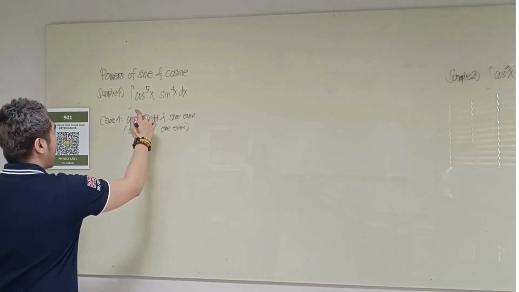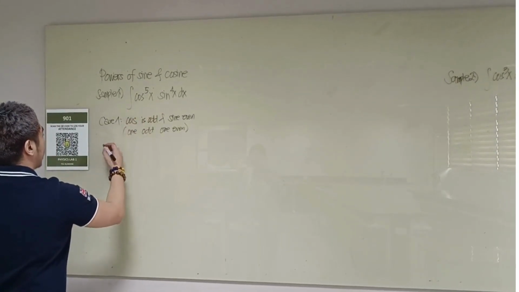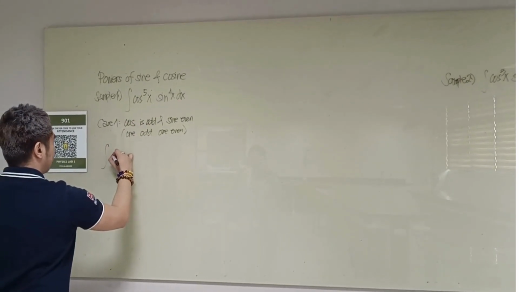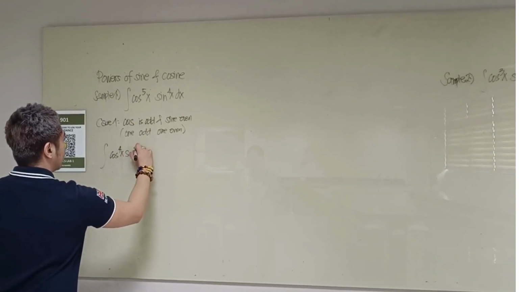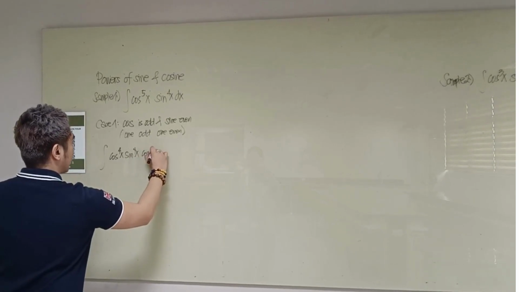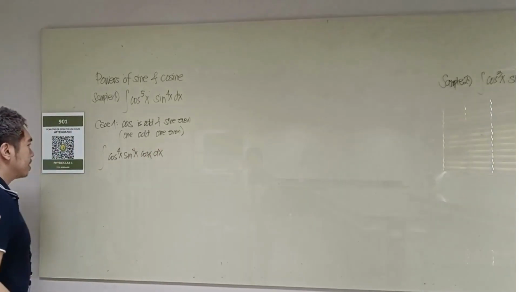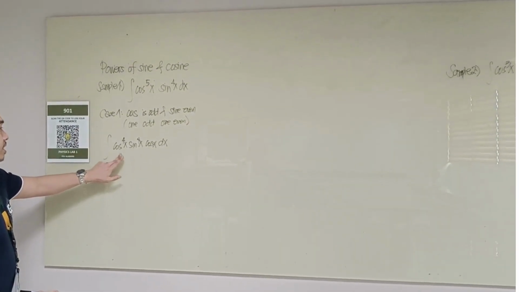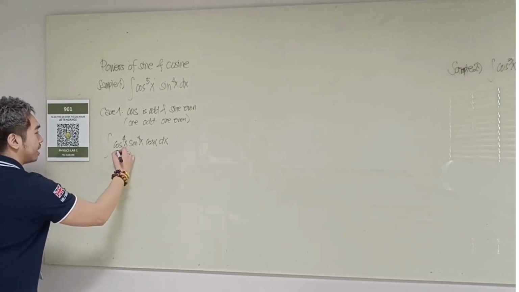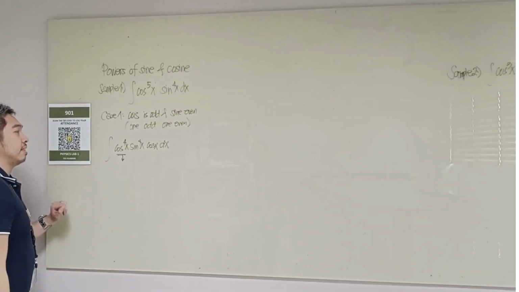If we isolate one cosine here, we can write the equation as the integral of cosine raised to 4x sine raised to 4x cosine x dx. Then, we're going to change the other function. We're going to change the remaining cosine into sine using the identity.